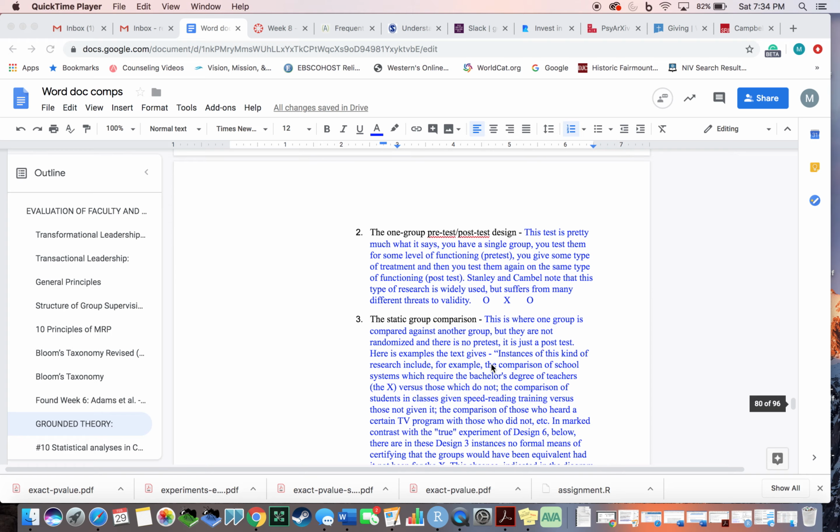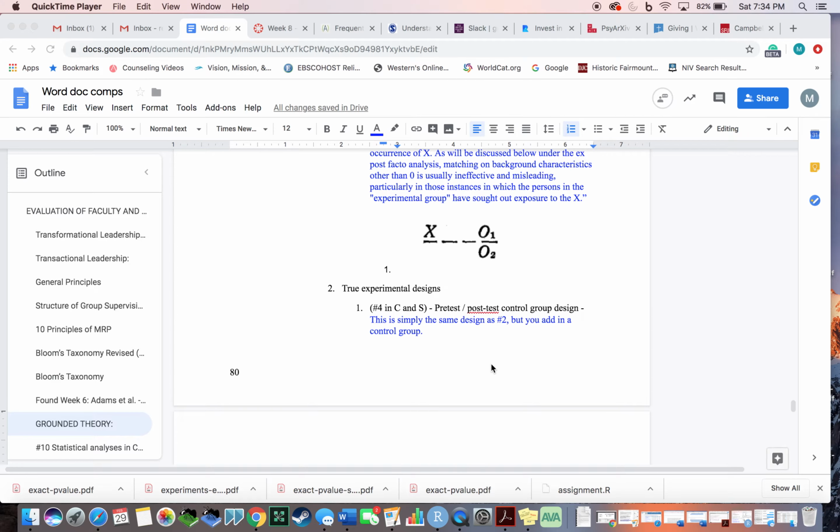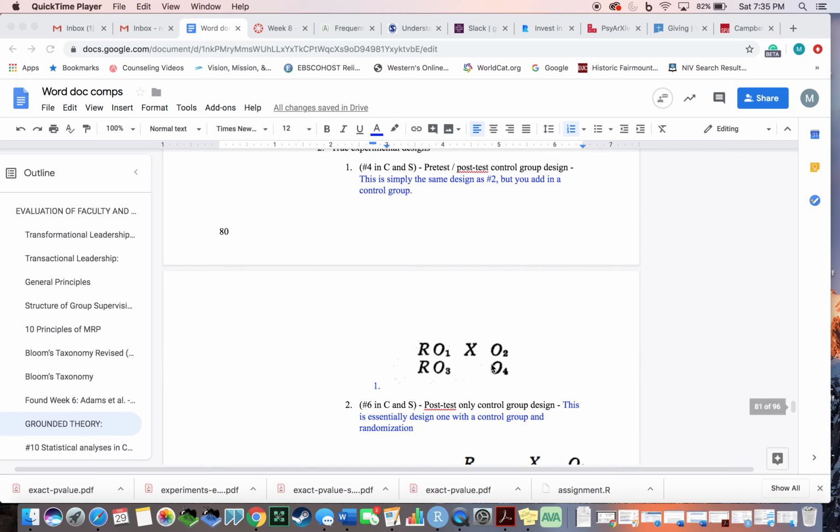Okay. After this, we move into what he calls true experimental designs. Okay, and the first one of these comes up as it's number 4 in Stanley and Campbell, and it's a pre-test, post-test control group design. Okay, so within this design, we'll have two groups here. All right.